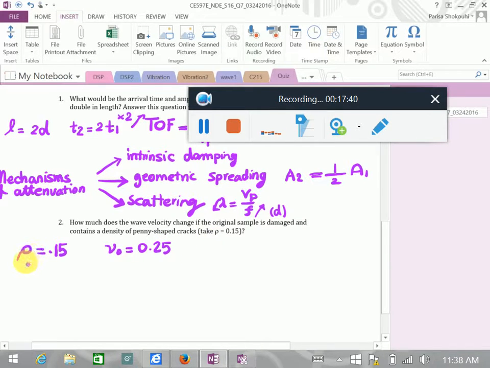So we have rho. All you have to do is calculate what would be the effective modulus compared to E0. Please use the formula in your notes. Take your calculator and calculate it. We consider this to be dry cracks, so we don't have any liquid inside the crack.